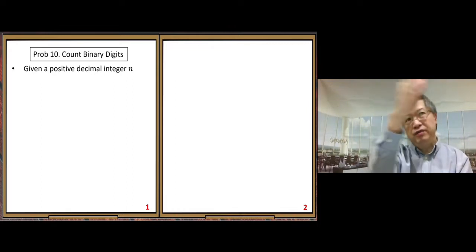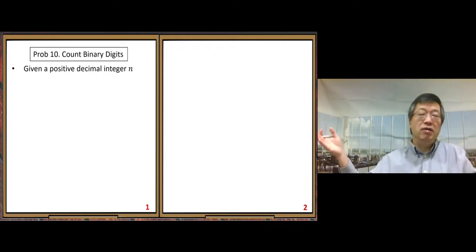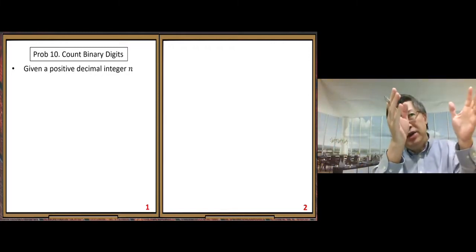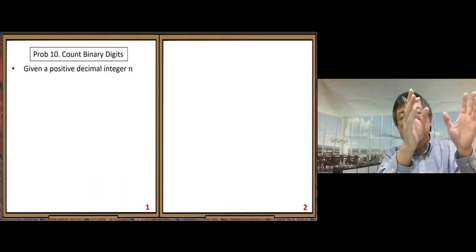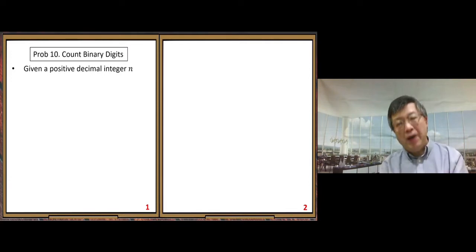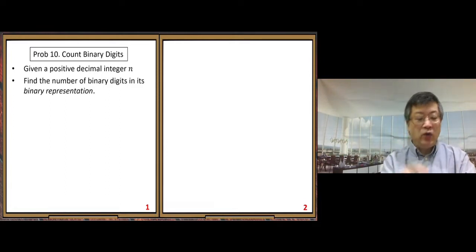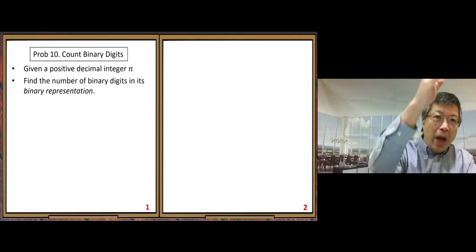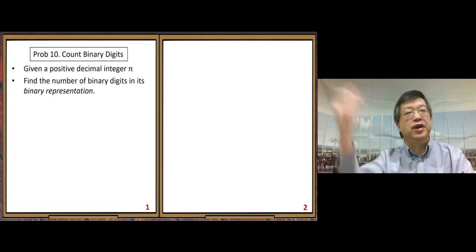Usually we do not say decimal, but I emphasize decimal here because we want to change it to binary representation, for comparison purposes. Then the question: find the number of binary digits in its binary representation.